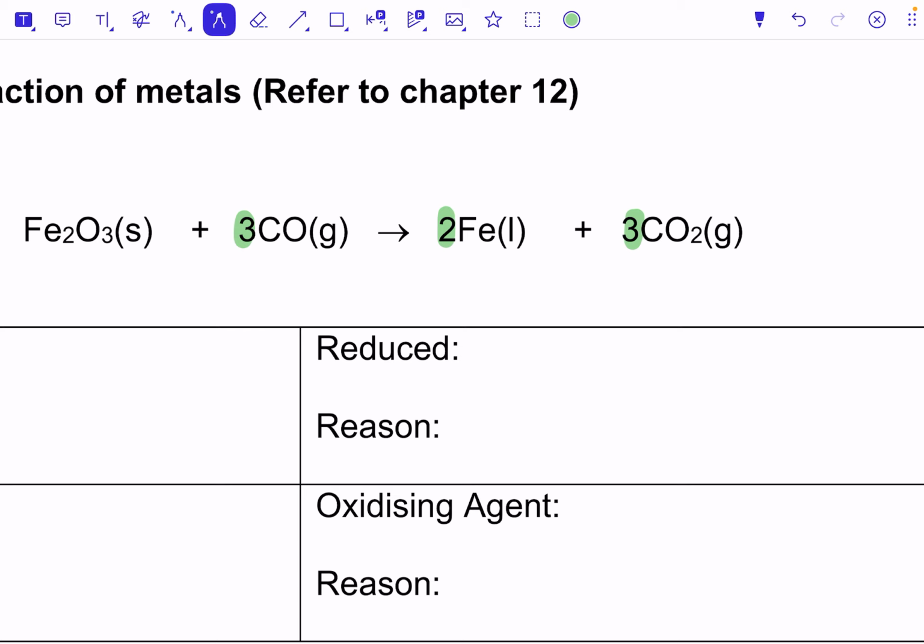In this chapter, redox, you can totally ignore all these numbers. They are not going to be involved in your answer at all for the entire chapter. Please leave them out. So don't write 3CO over here. You just write CO if that's the answer.